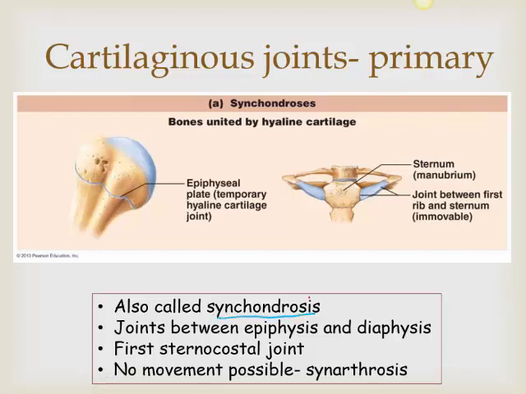Chondra for cartilage, syn means together. So the bones come together replacing the cartilage, right? So here, for example, the bones will come together and the cartilage will disappear. Here also, as I said, the cartilage gets ossified, so this whole thing becomes like one piece. So this primary cartilaginous joint is called a synchondrosis as well, based on how it will finally shape up. And it's called a synarthrosis because no movement is possible at this joint.